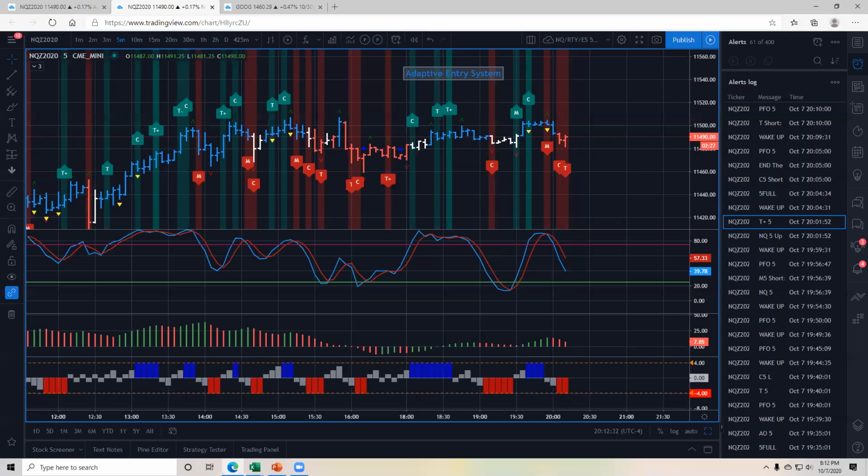Now, there will be fractals that happen while there are adaptive entry signals that you're currently in. If you want to trade fractals in addition to the adaptive entry system, as always, we recommend that you start in Sim first, because you can be long on a consensus and not have it hit your 5 points yet, and also break an upper fractal.